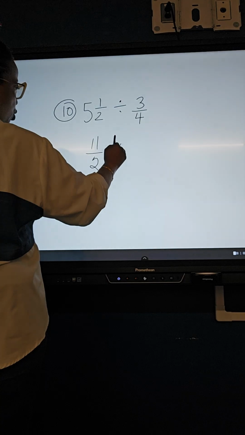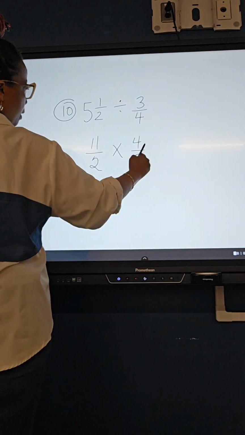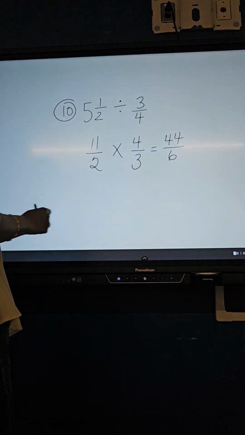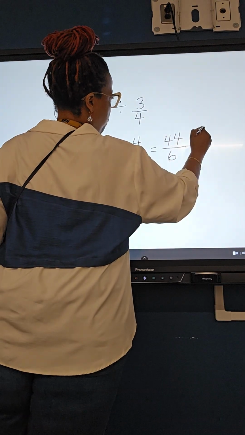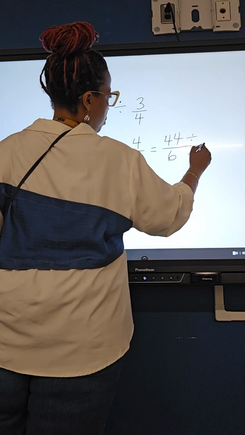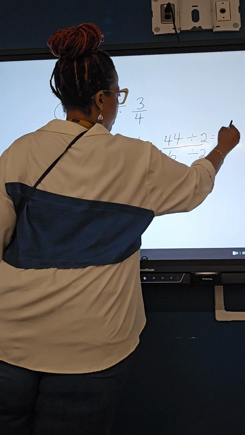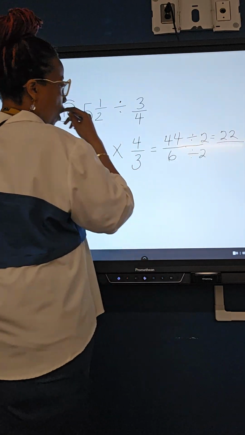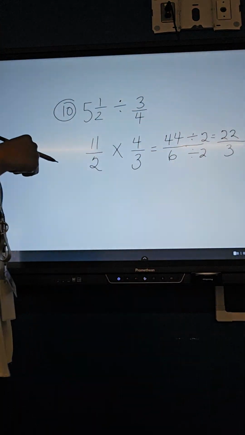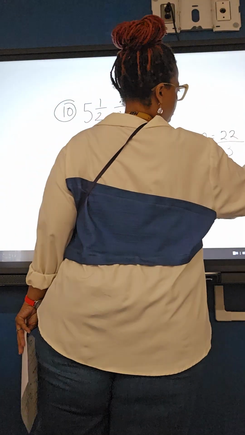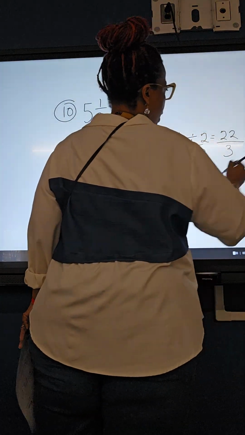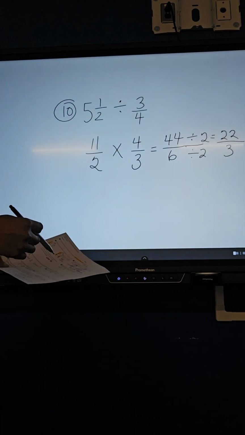Keep, change, flip, equals 44 over 6, which we know we need to divide. We can divide this by 2, equals 22 over 3. 22 divided by 3 equals 7 with 1/3 left.